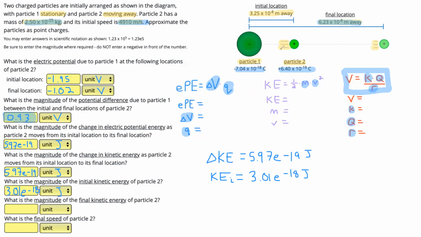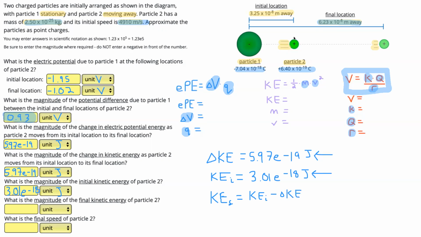And in this problem, we know our particle is being attracted back towards the main particle. So it's slowing down as it moves away. So we started with this much energy. Then we had a change of this much energy, and we know it's decreasing since it's slowing down. So to get my final kinetic energy here, I'm going to take my initial kinetic energy and subtract the change in kinetic energy to get the final.